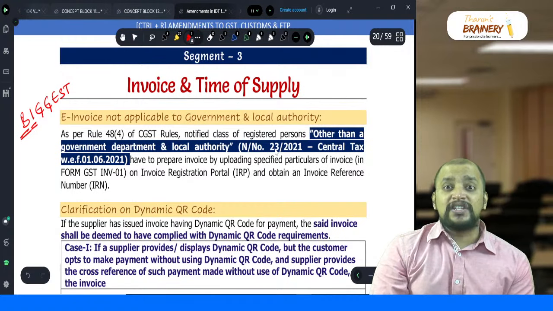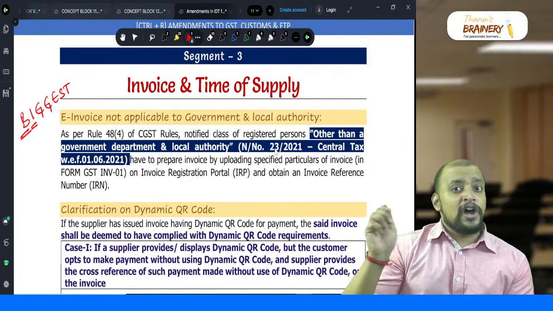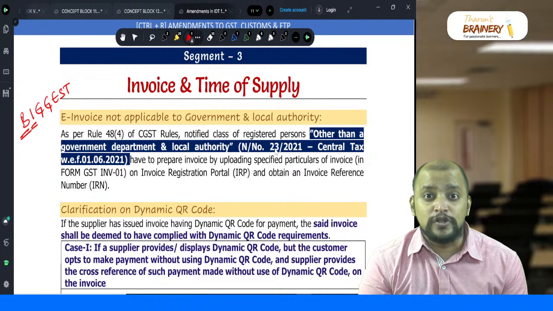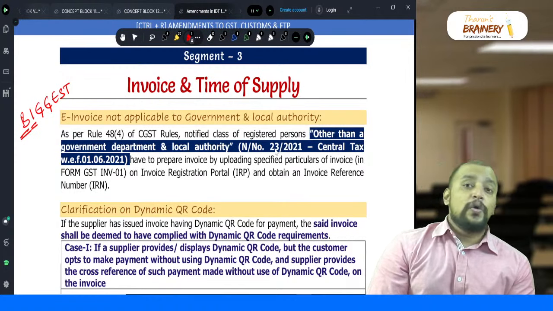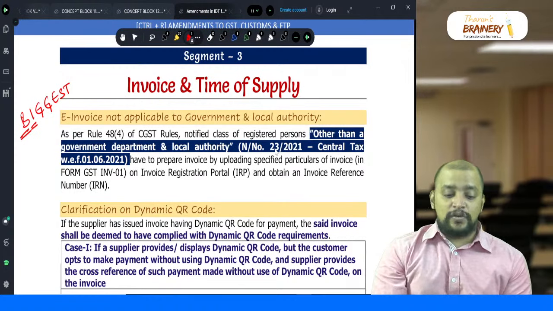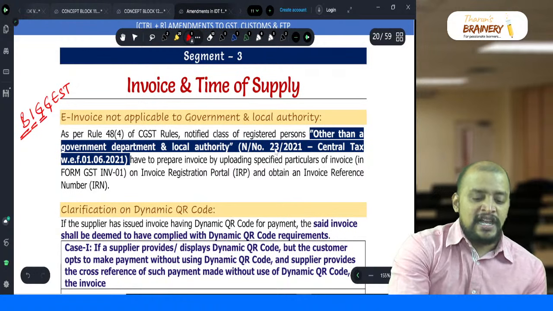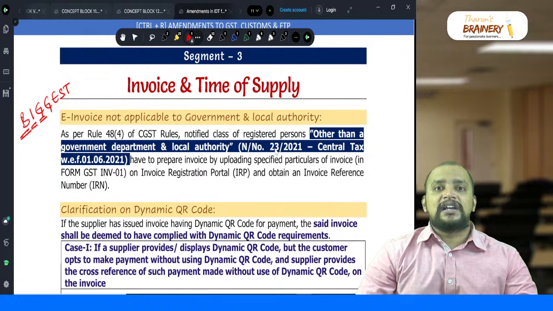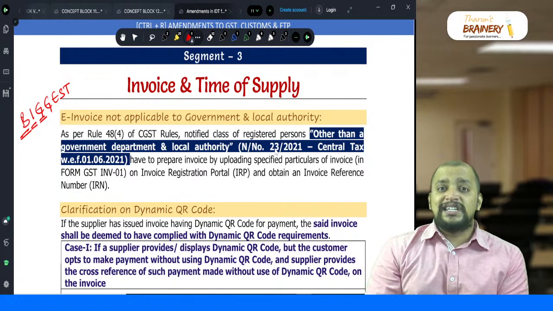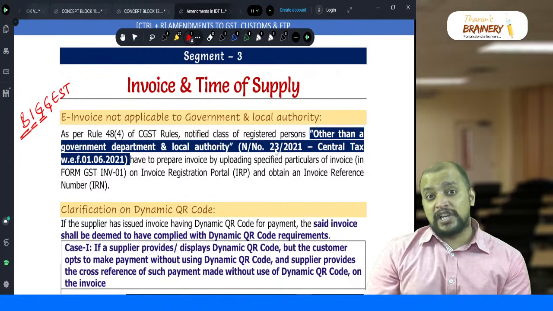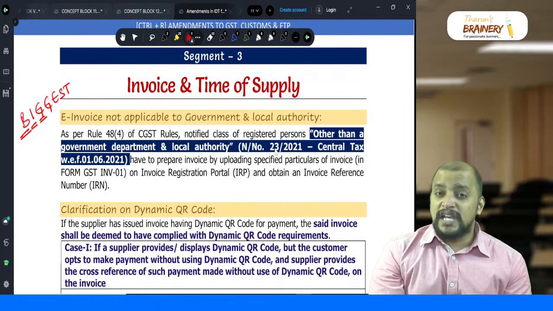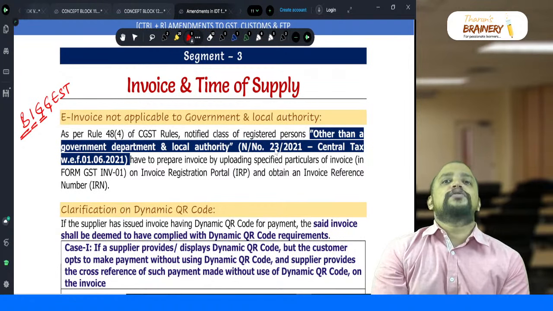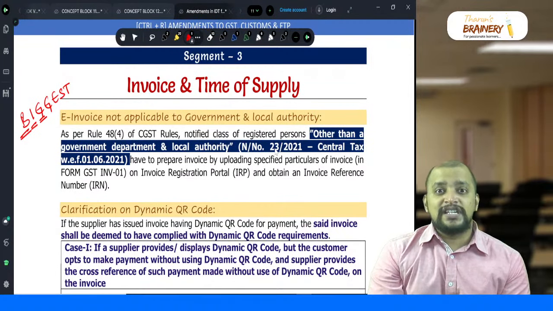Then G for GTA services, not any other transportation of goods service provider. Only goods transport agency. If there is any other person like railways, which is engaged in transportation of goods, whether e-invoice is required?